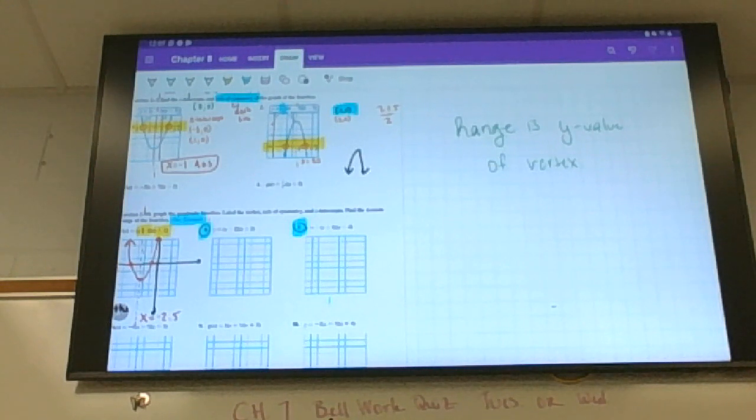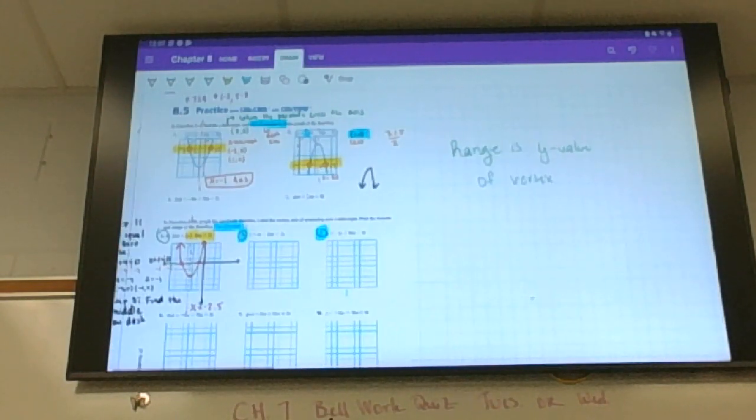Do you understand what I mean by y value of vertex? Like 16 is the y value of this vertex. But if it was an opening up problem, it would be y is more than.